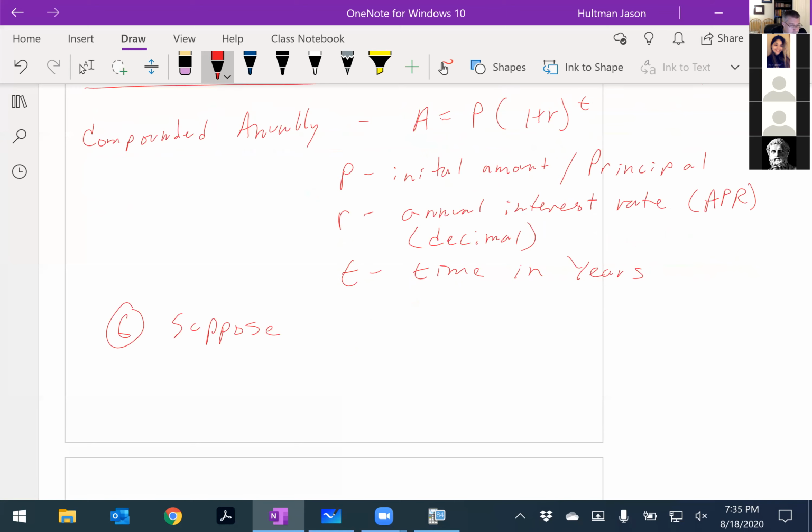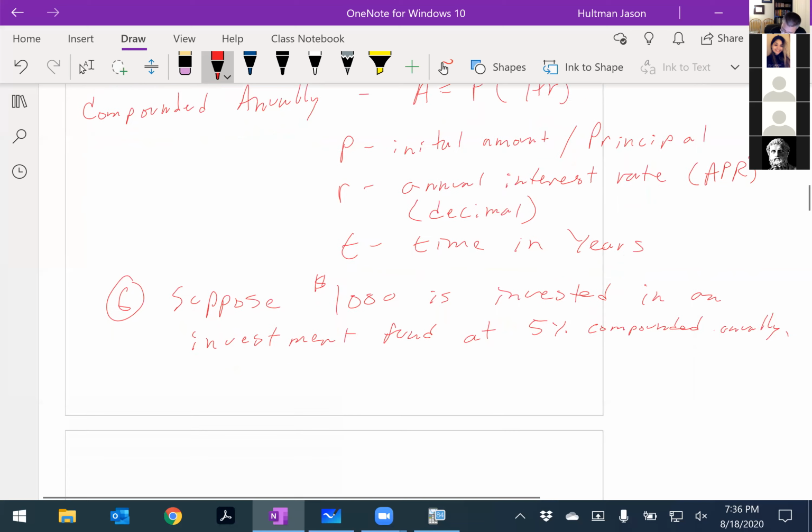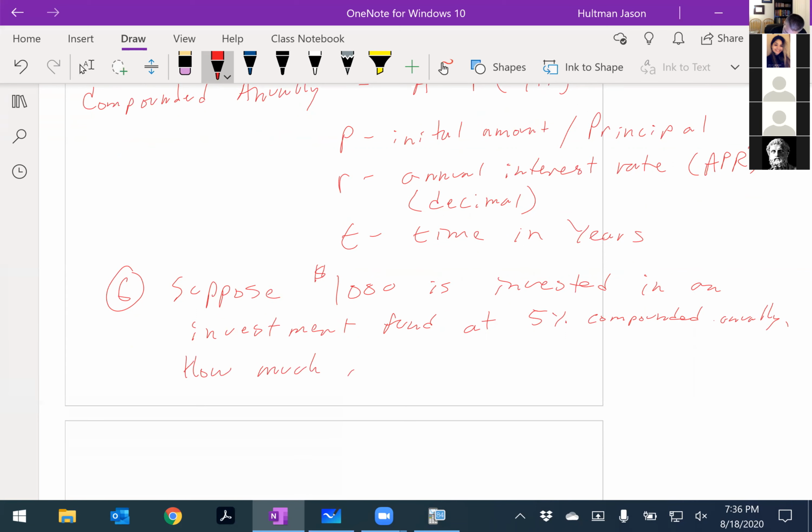Suppose $1,000 is invested in an investment fund at 5%, compounded annually. How much is in the fund after 2 years?